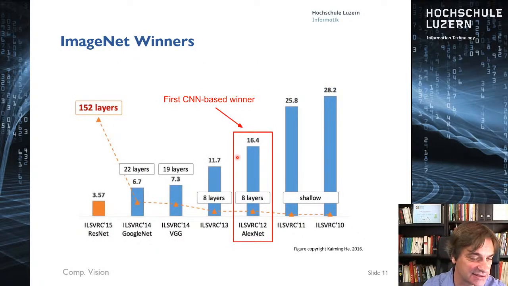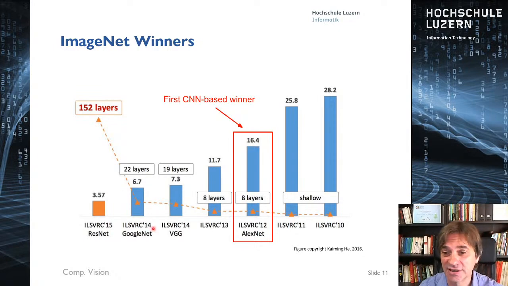So this is again the results from the ImageNet, sorry, this time from right to left. What I wanted to show here is actually the layers that are involved in the challenge. This AlexNet network had 8 layers. The next year there was a quite similar network that also had 8 layers, and then it increased to 19 layers, 22 layers.